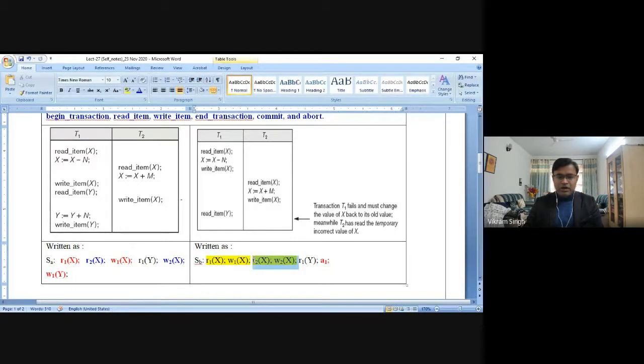Then we have one explicit indication that T1 is having access on data item Y. After that, you can see there is an instruction written as A1. That's what we are saying, that during the execution of these transactions, T1 has failed. T1 has got some external interference, because of which it is terminated, it is aborted. So you need to write A1 simply, right?